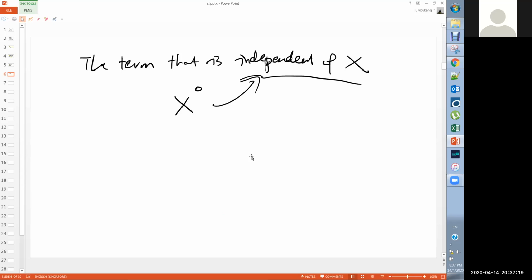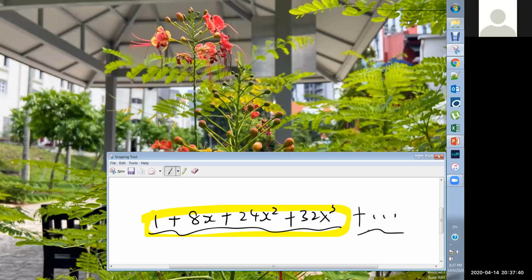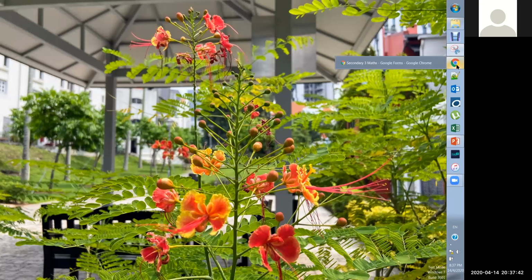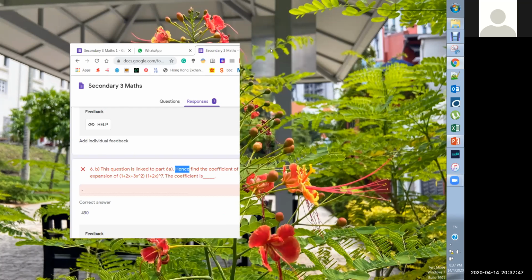Dependent means you rely on it, independent of x means you don't rely on it, that means no x. In math questions, they don't use simple English like no x. They use independent of x. Sometimes they might have other terms, but so far I think independent of x.